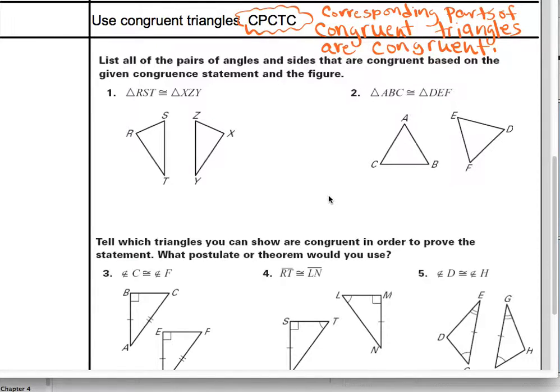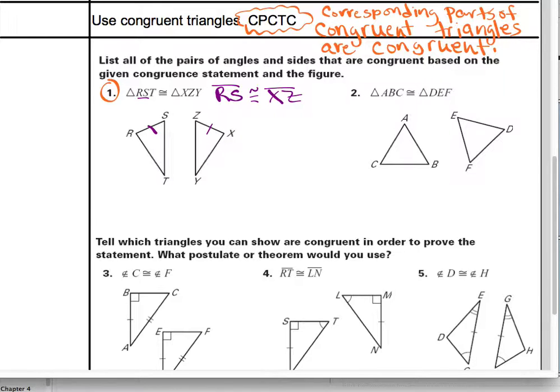So the first thing we're going to do is just refresh our memory about what all the parts are that are congruent if your triangles are congruent. And we're just going to do one of these first two. We're just going to do number 1. So I'm going to list the sides first and then I'll list the angles. Corresponding sides that would be congruent if our triangles are congruent is that side RS, based on this statement, RS is the first 2 letters, would be congruent to side XZ.